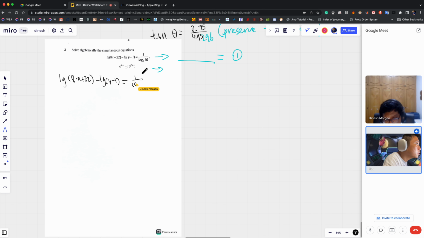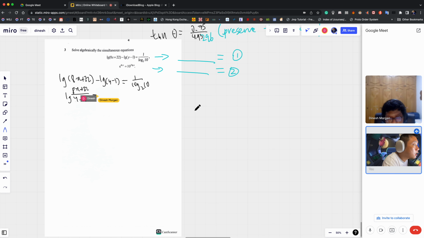Then they give you an exponential, then you transform it into another simple equation, and then you solve these simultaneously, if I'm not wrong. The log minus should be divided. Yeah, this is called the division rule.